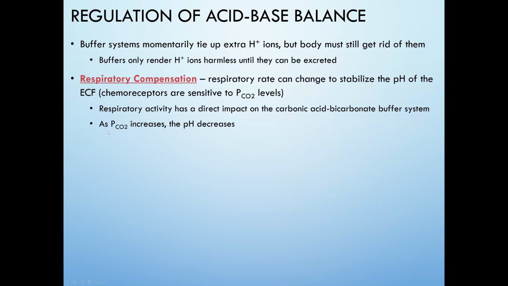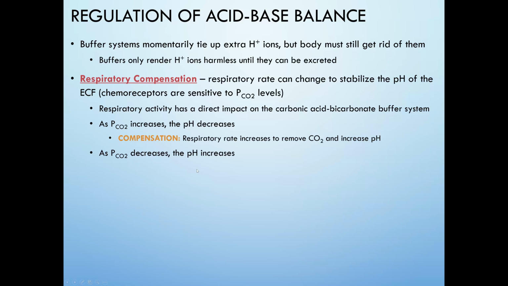So as the concentration of carbon dioxide increases, remember that means we're getting an increase in hydrogen ions, and that will cause a decrease in pH. So the compensation for this is to increase the respiratory rate, which helps to remove the carbon dioxide, which is going to help remove hydrogen ions and increase the pH back to normal. The opposite change can also happen and be compensated for.